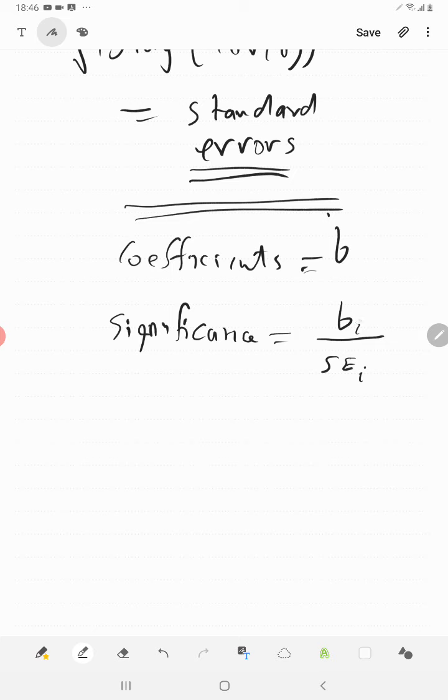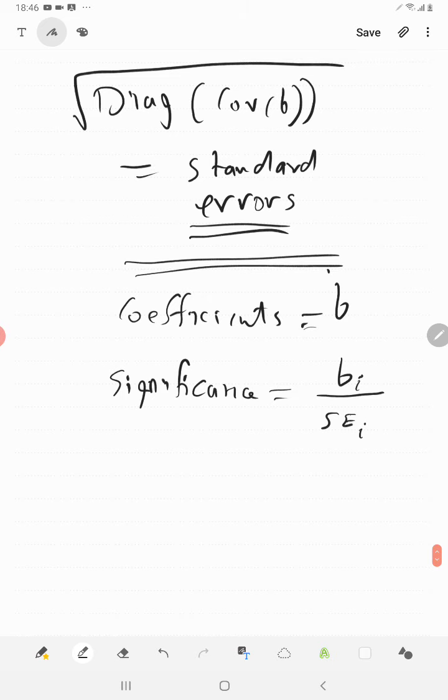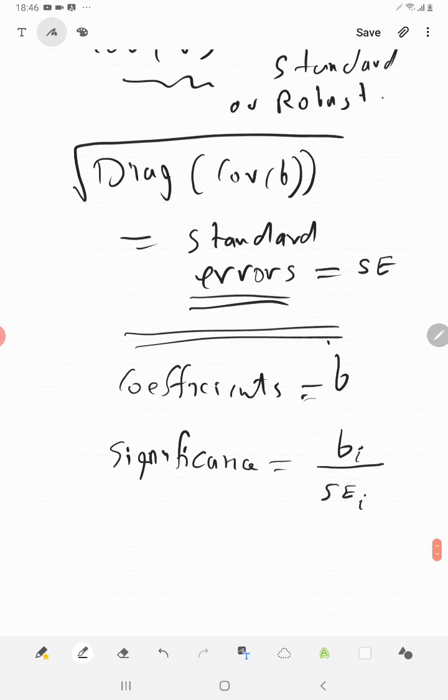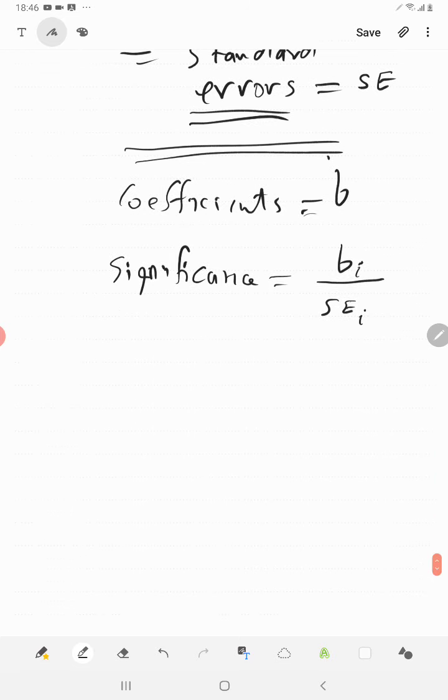Now, what is Bi? i could be 0, B0, B1, B2, depends. And here it's the same, the diagonal element of the square root of the covariance matrix. We call it standard errors, which is equal to SE, okay? So diagonal elements i is 0, 1, 2, and so on. Now, this, we name it significance.